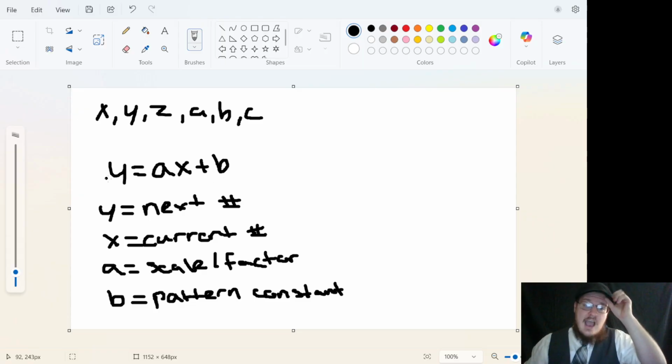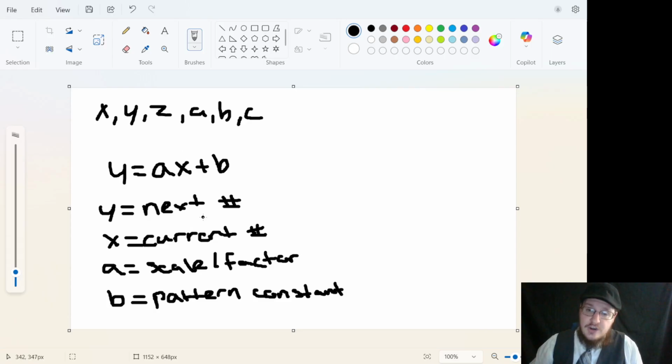So this is our equation. Y equals ax plus b. Y is the next number of our pattern. X is the current number of our pattern. A is our scale. B is our pattern constant. And this is how we structure our rule that governs the specific pattern we are looking at.